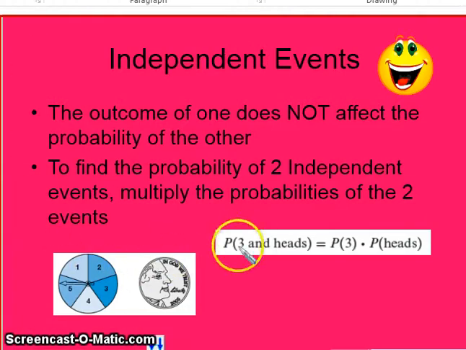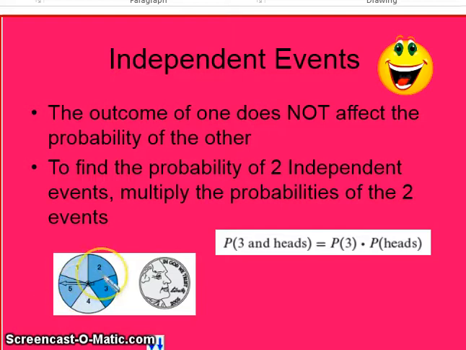For example, the probability of spinning a 3 on the spinner and flipping heads on the coin would be the probability of spinning 3 times the probability of flipping heads. Whatever we spin here has no effect on the result of the flipped coin and vice versa, so these are independent events.